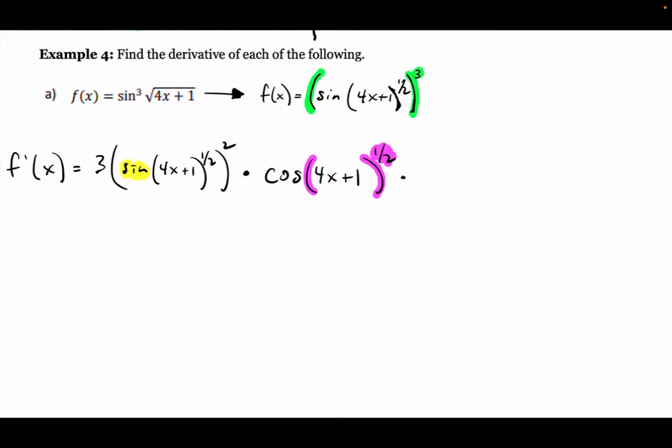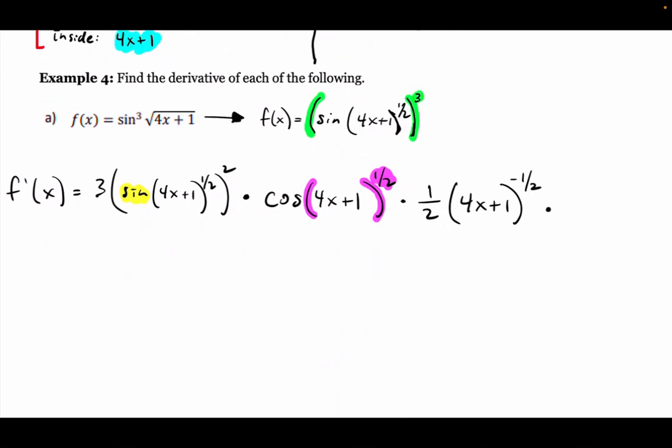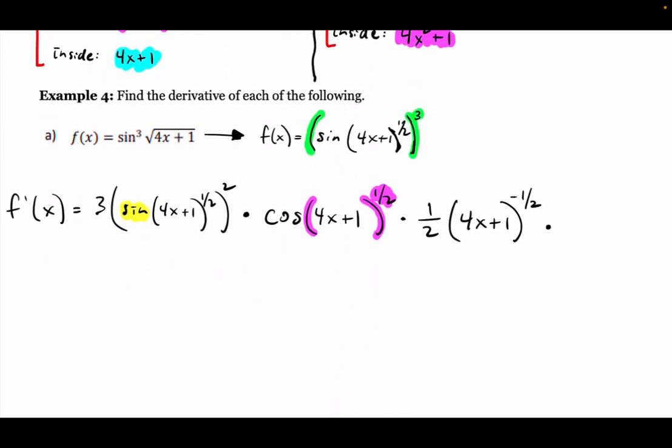So something to the 1/2 power means I would move 1/2 to the front, rewrite whatever was inside the parentheses, and subtract a whole power. Chain. Okay? I've got one more layer. The last layer was 4x plus 1. The derivative of 4x plus 1 is just 4. So the last link in the chain is just going to be times 4.